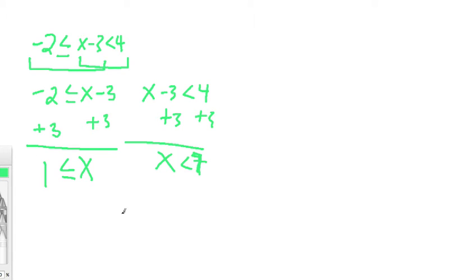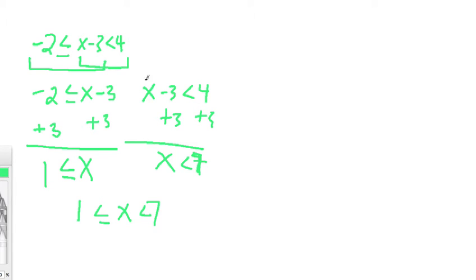So again, this is an and statement, so both parts need to be true. We're looking for numbers that are bigger than or equal to 1 and smaller than 7. The way I'm going to write that, the way we've done things before, is we put the smaller number here, the bigger number over here, the variable in the middle, and less than signs. Then we see if we need the or equal to at all, and we need it over here.